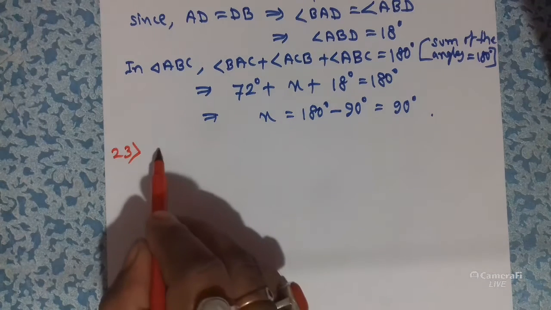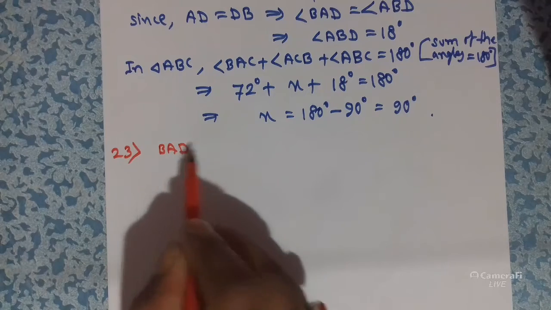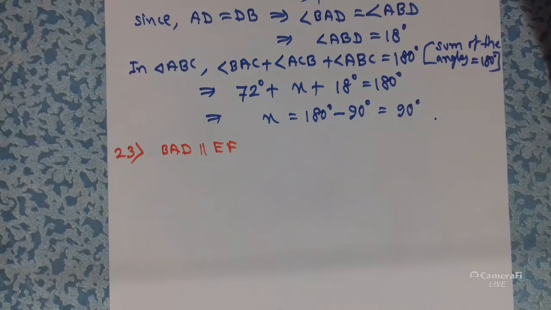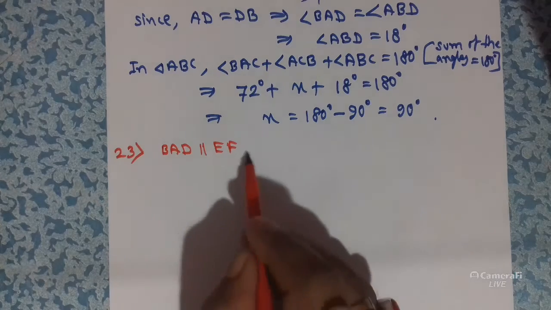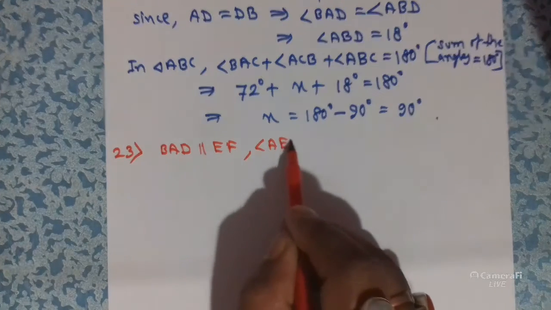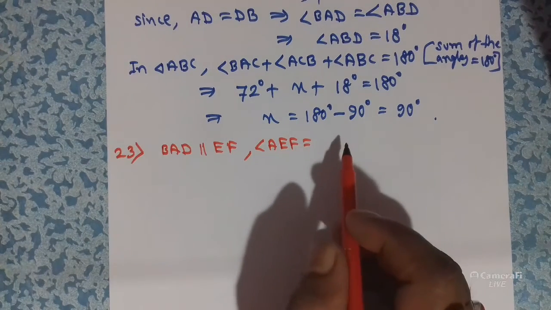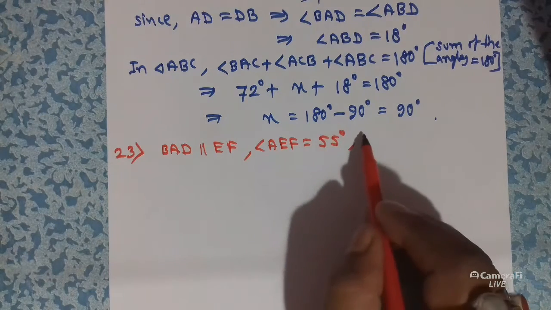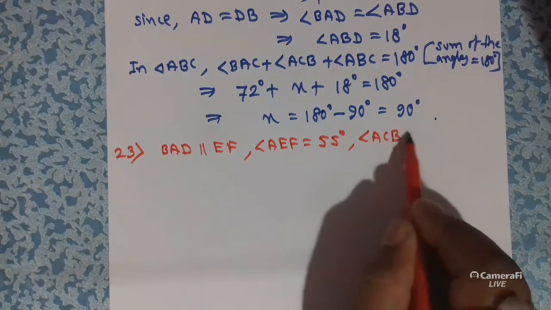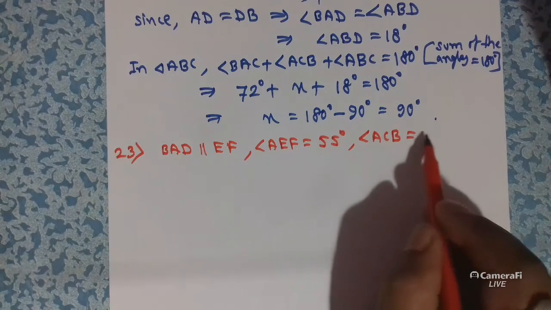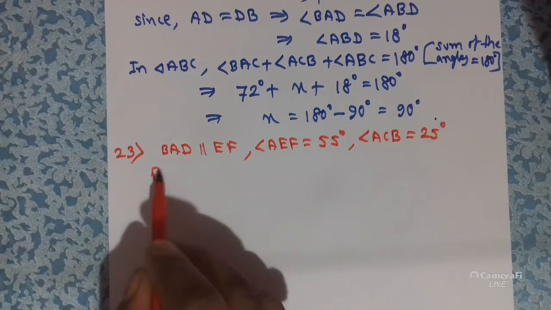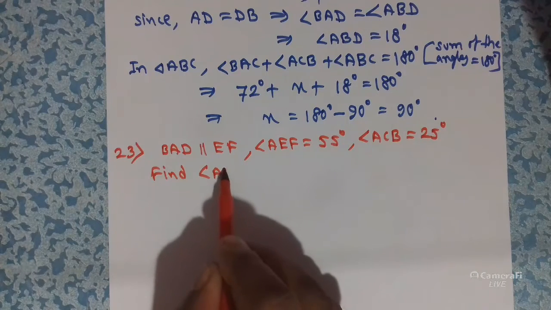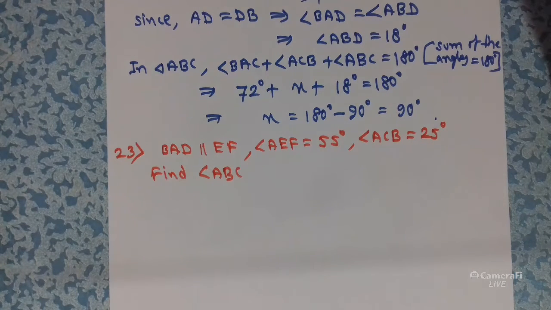So it is given that BAD is parallel to EF, and another condition: angle AEF is equal to 55 degrees and angle ACB is equal to 25 degrees. So we have to find the value of angle ABC. Let me draw the figure.